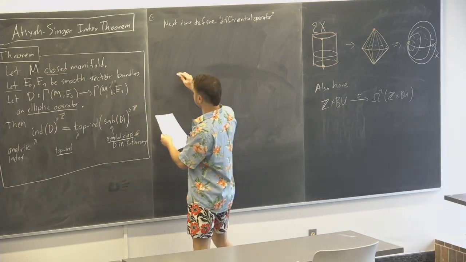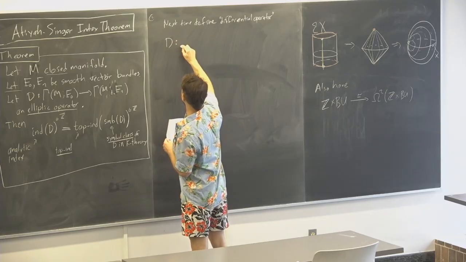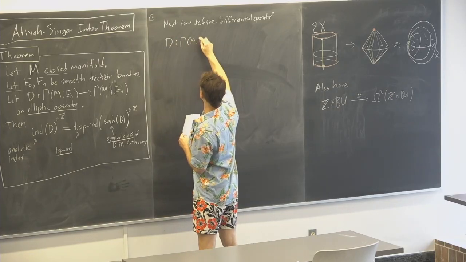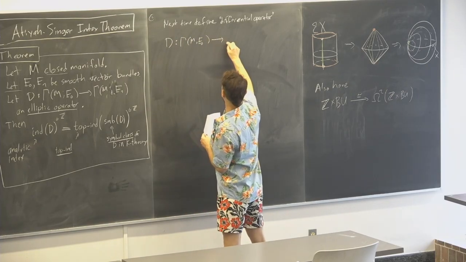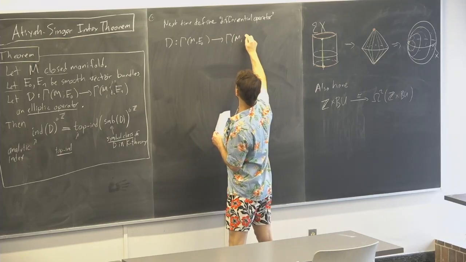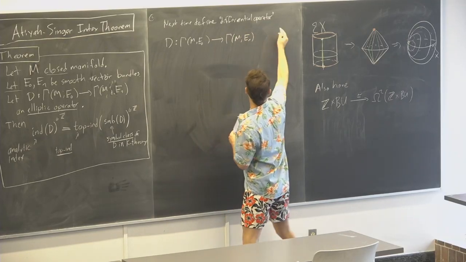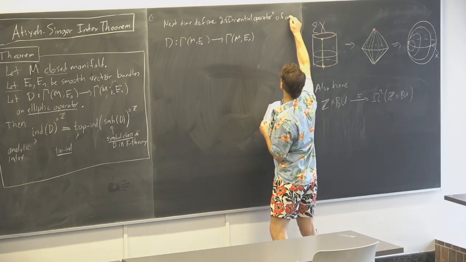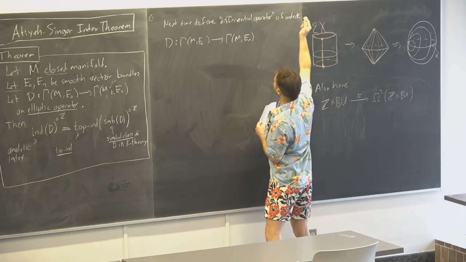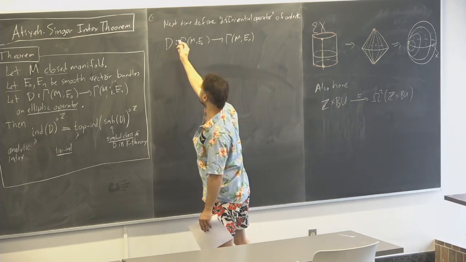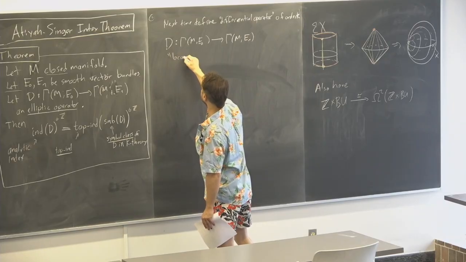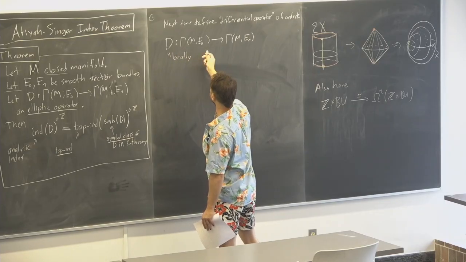Essentially it's something that takes sections of one smooth bundle to sections of another smooth bundle, say of order k. The main idea is just that it locally looks like a differential operator acting on these sections.